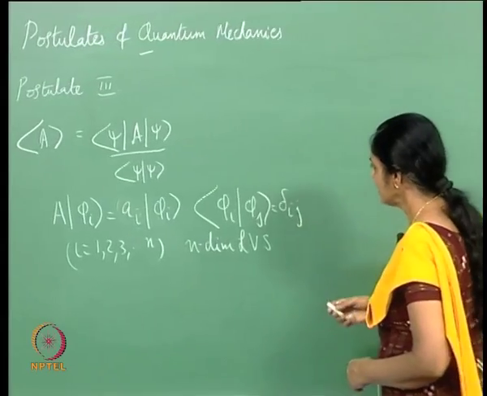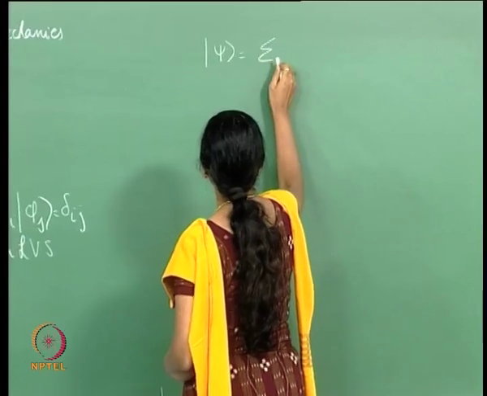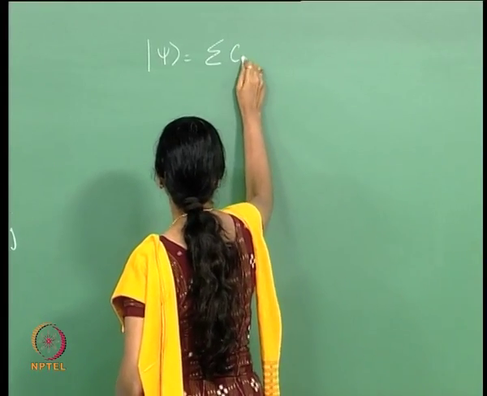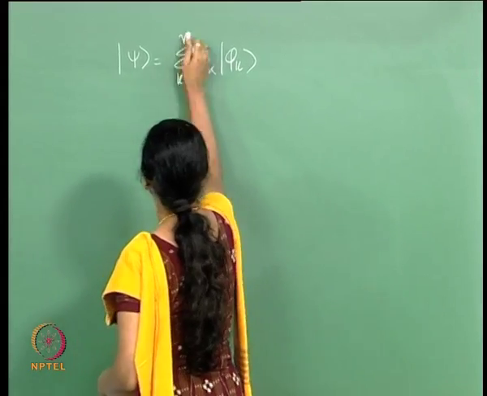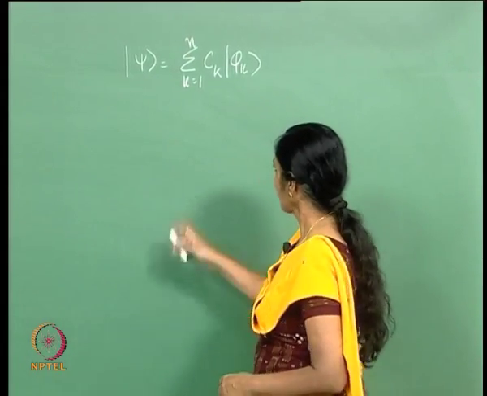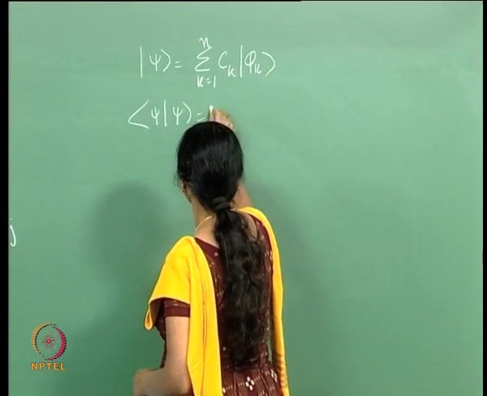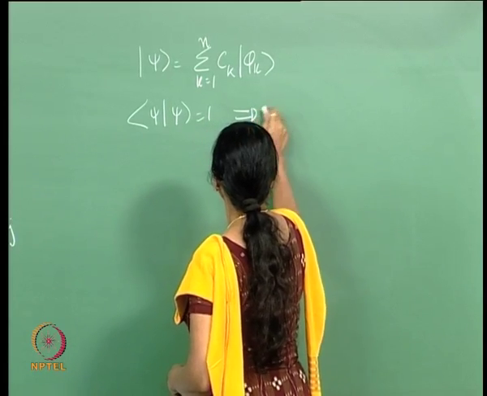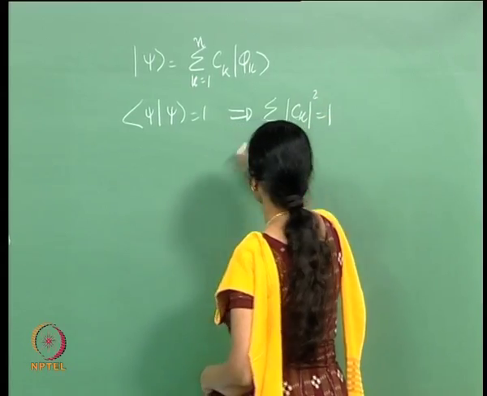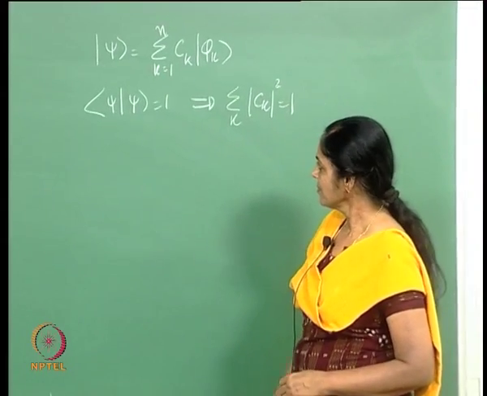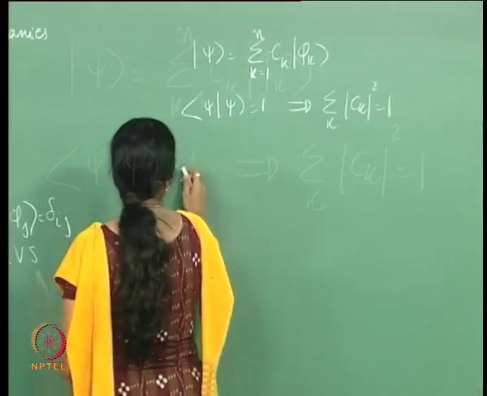So, given this, you consider any state psi which is expanded in terms of this basis set in the following manner. And let us imagine that psi is normalized to 1. In that case, it is clear that summation over k mod c_k squared is equal to 1. In general, psi may not be normalized to unity.